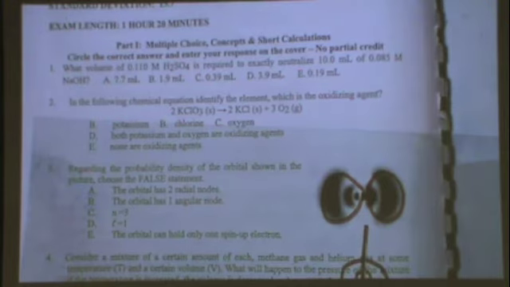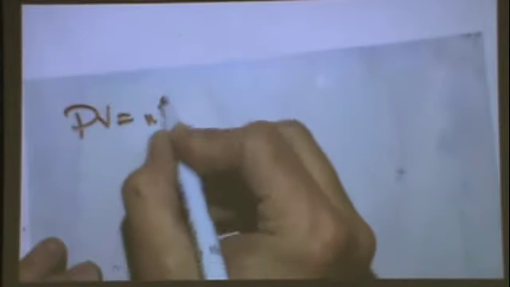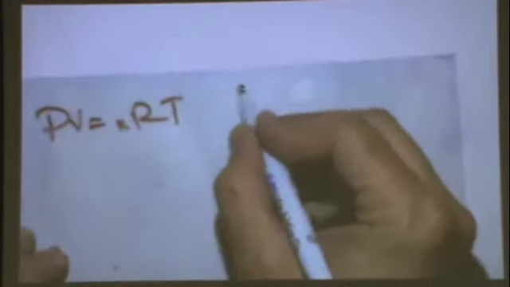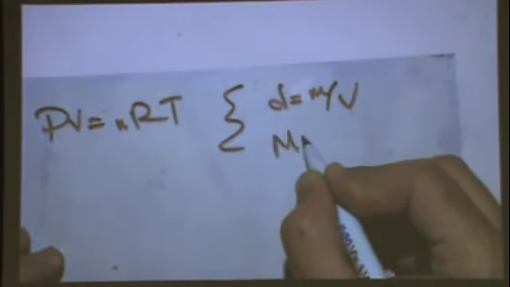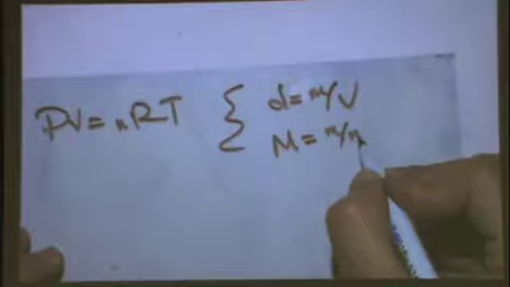To get the molar mass. How do you use the molar mass? This is called a variance on the ideal gas law. The 2 variant formulas are density is mass over volume, and molar mass is mass over moles.